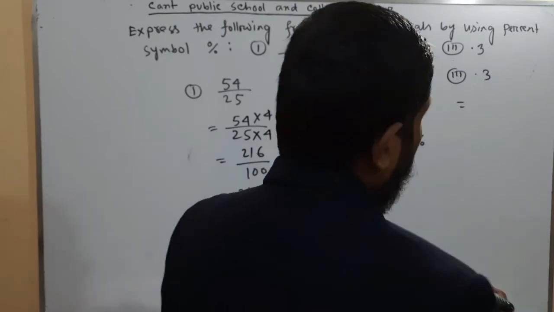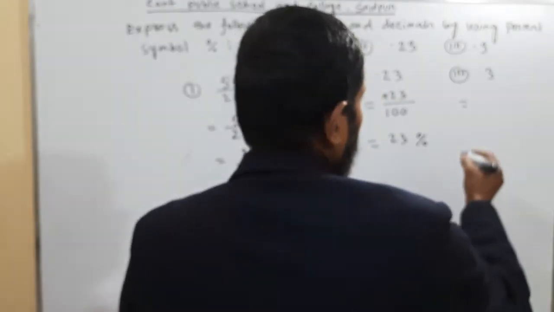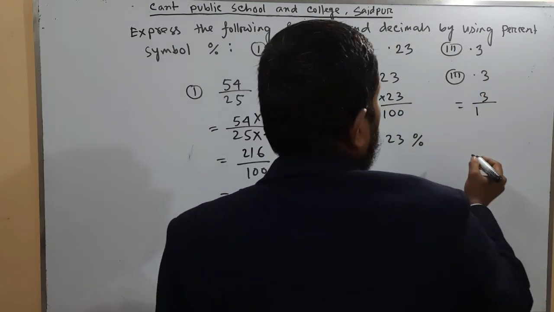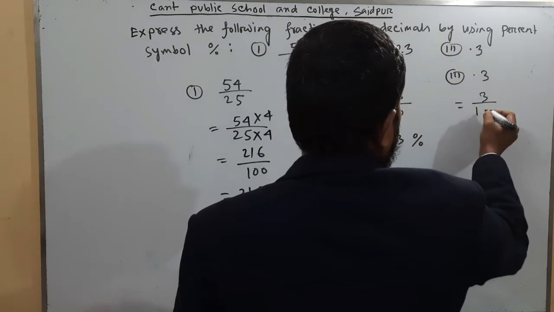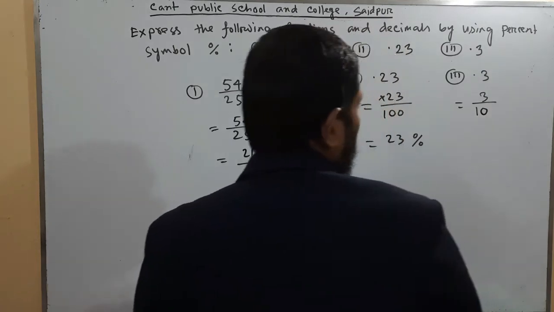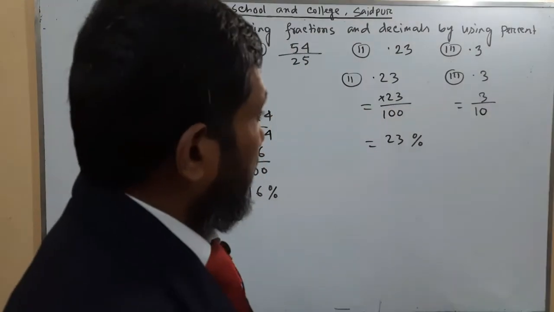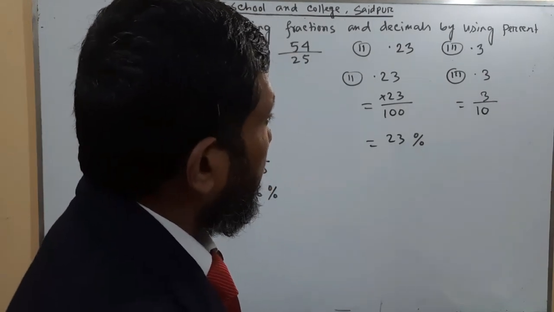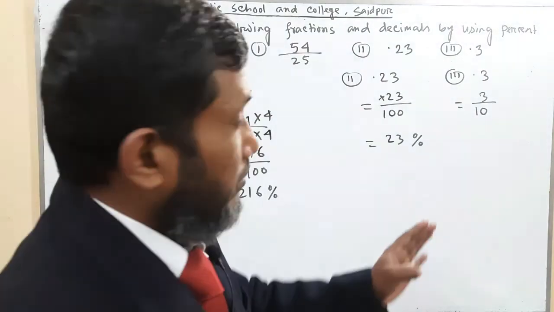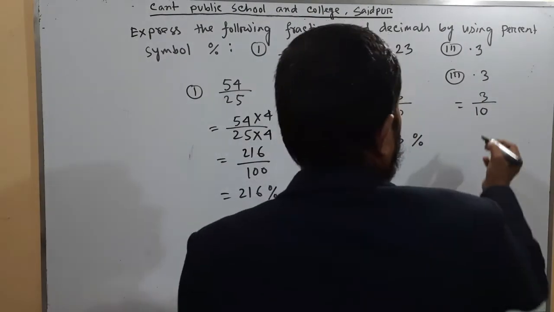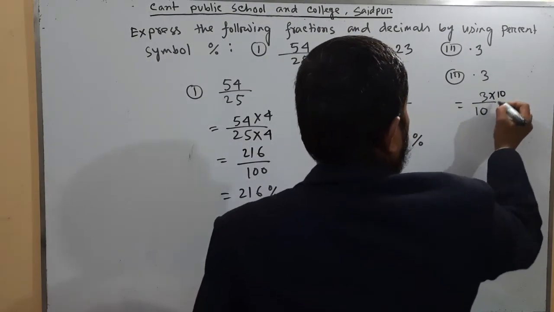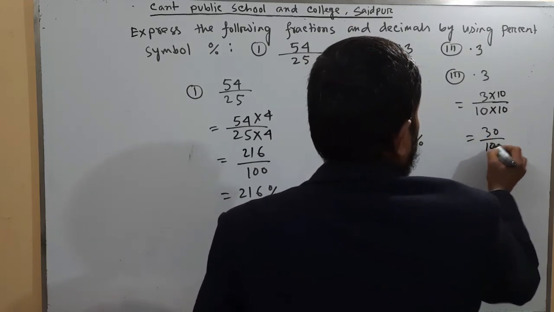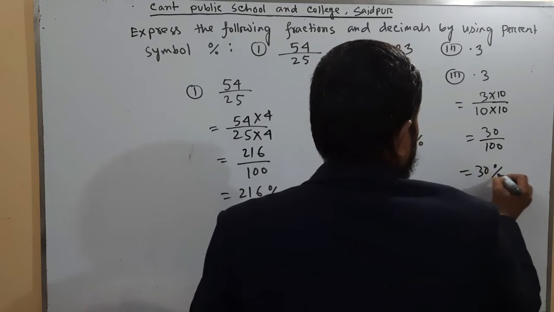After the point 1 digit, for 1 digit we get 10. According to the definition, the denominator will be 100. If we multiply numerator and denominator by 10, because 10 tens are 100, then we get 30 by 100, 30%.